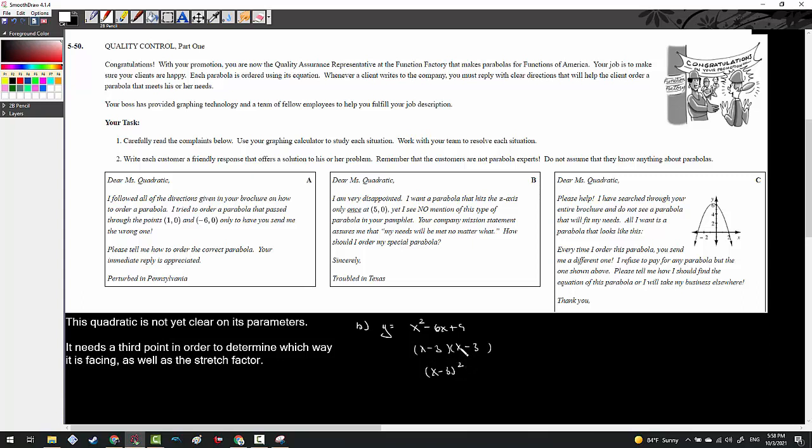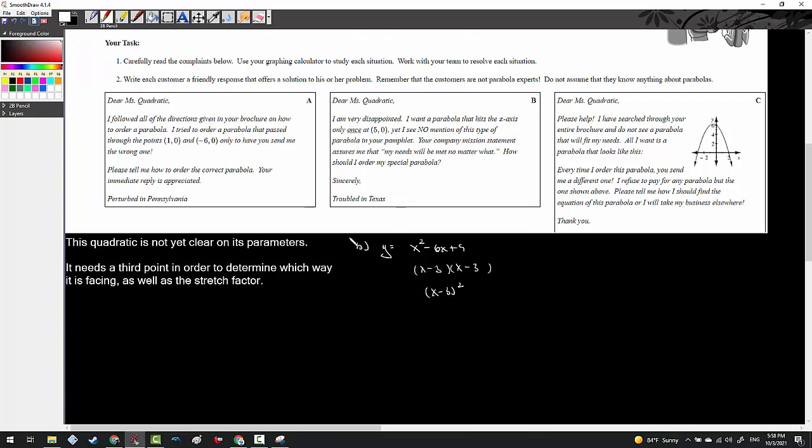I know I said I didn't really care about consolidating this, but now would be a good time to start learning how to consolidate it, because the ability to do that will allow us to service this troubled Texas person much more easily. Because they want a parabola to cross only once at 5, 0, what we want is a version of this that is y equals x minus 5 squared. They don't specify whether they want an upward or a downward facing parabola.